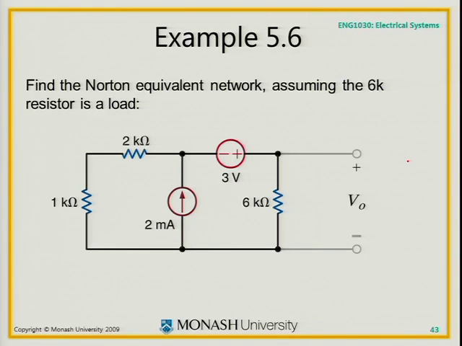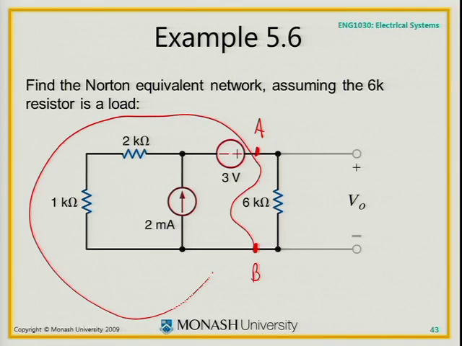So, if we want to find the Norton equivalent circuit, here assuming the 6K resistor is a load, in other words, I ignore the 6K resistor and I find the Thevenin equivalent of that, the Norton equivalent of that.